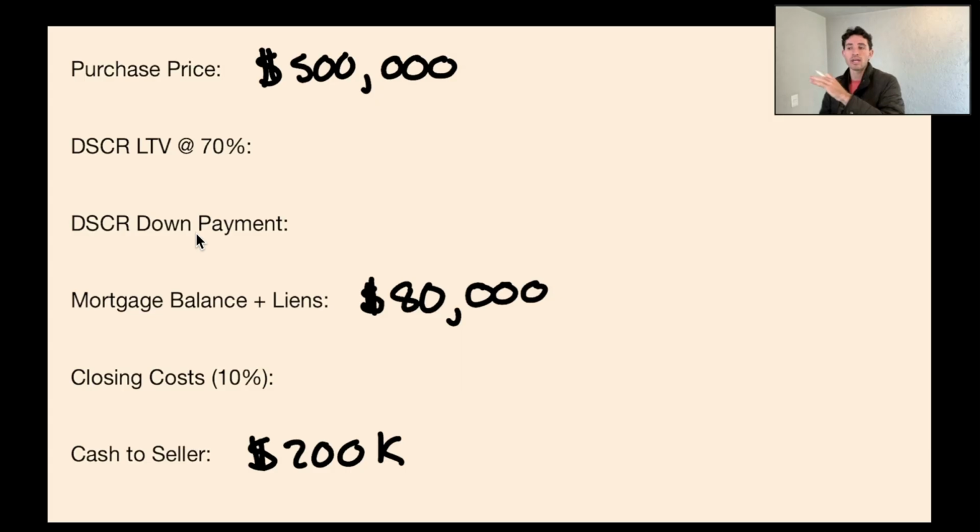Remember, the first part is checking the cashback, and the second part is performance, which I leave to the investor to figure out, like how much they are going to cash flow, their exit strategy, and all of that. I don't get into that much. That's what the investor needs to do. But right now we're going to calculate cashback. As you can see here, I do it at 70% LTV. So that would be 500,000 times 0.7, which is 350,000.